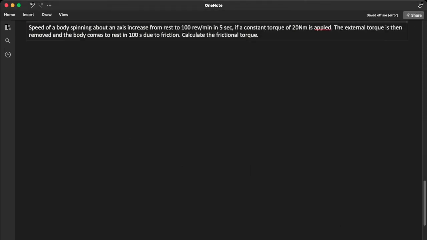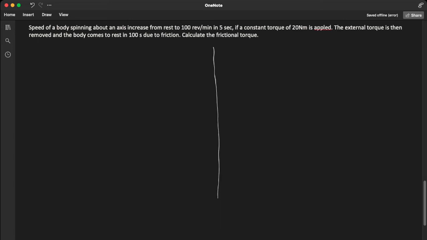Okay, now we are here with our fourth question. Speed of a body spinning about an axis increases from rest to 100 revolution per minute in 5 seconds. If a constant torque of 20 Newton meter is applied, the external torque is then removed, and the body comes to rest in 10 seconds due to friction. Calculate the frictional torque. So here in this question, the question is divided into two parts.